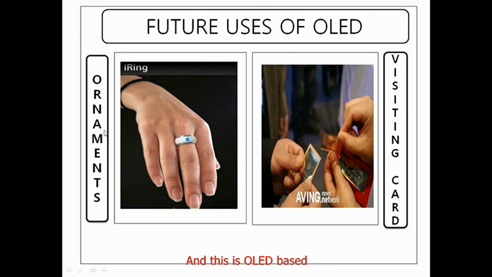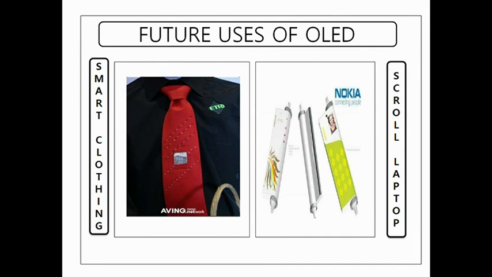And these are OLED based ornaments, and these are OLED based visiting cards. And this is OLED based smart clothing. And this is the scroll type laptop based on OLED display. These are all the future uses of OLED.